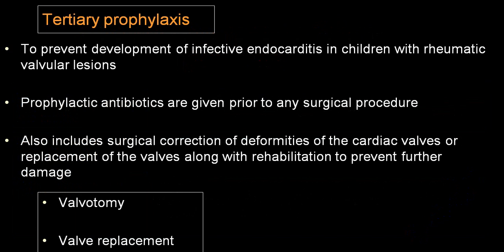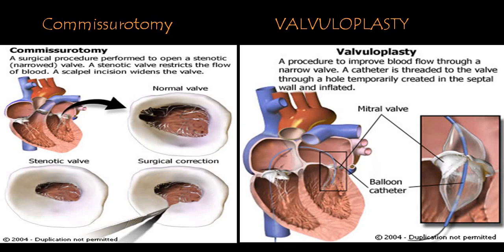And in tertiary prevention, mainly tertiary prophylaxis, again you can give prophylactic antibiotics prior to surgical procedures, and you can go for valvotomy or valve replacement, that is treatment of valvular heart disease. That is, commissurotomy or valvuloplasty can be done.